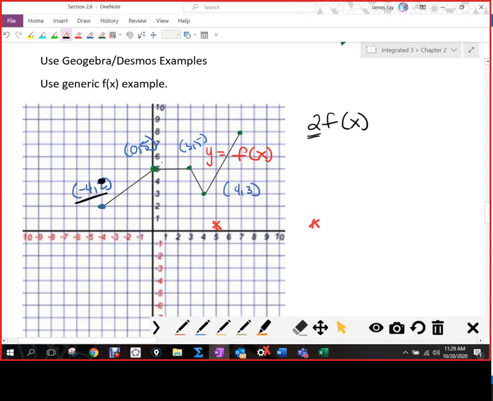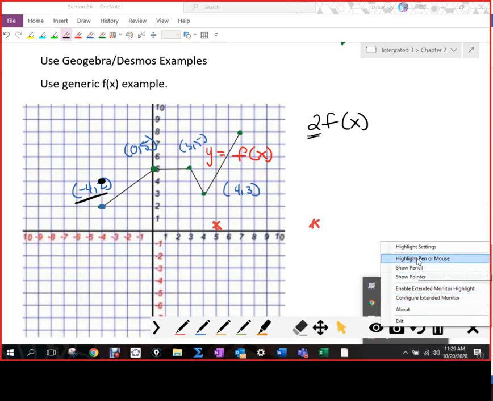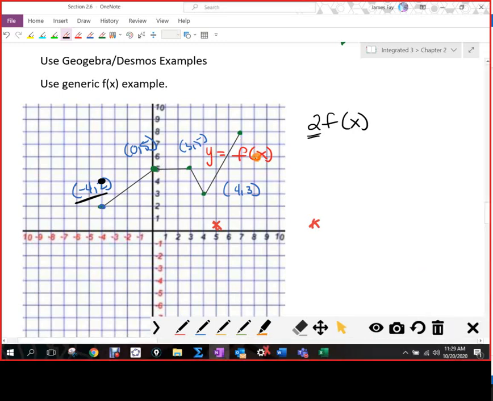This y value here is 5 at x equals 0, and it's going to get multiplied by 2, so it goes to 0, 10. This one here is going to go to 3, 10. This one is going to go to 4, 6.